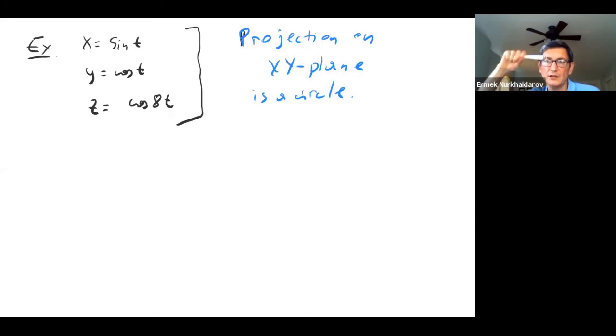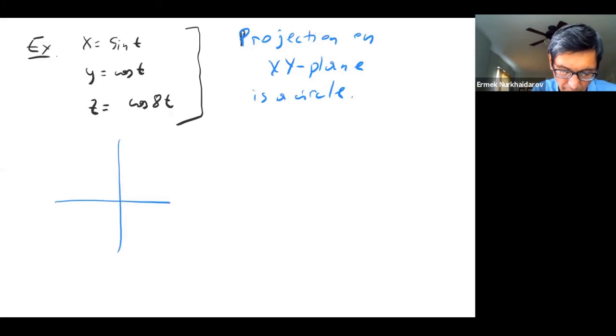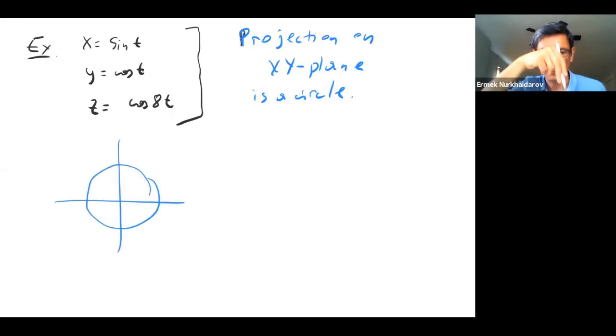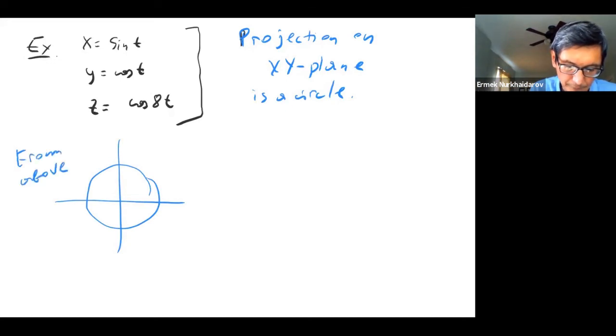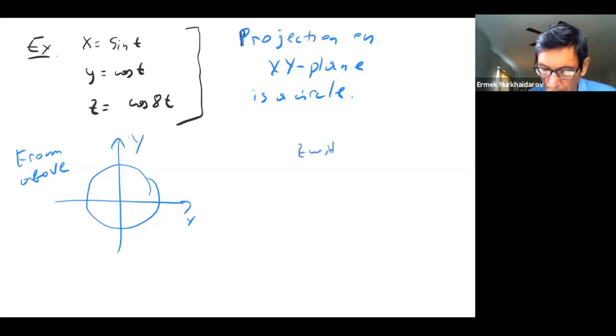And then what z does, z goes up and down, up and down, up and down. So it will do what? 8 complete circles. Just imagine. From the xy plane, when you look from above, you see a circle, right? Now, if you look at what is happening for z with time, that is your cosine function.